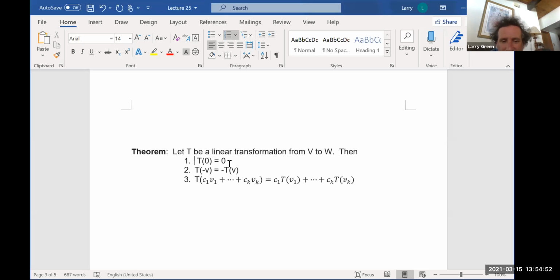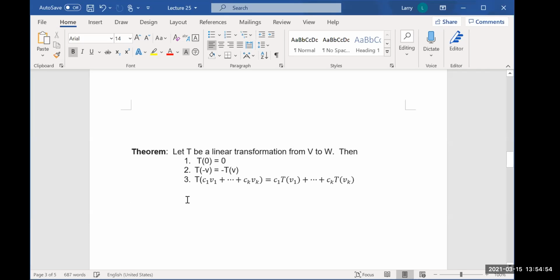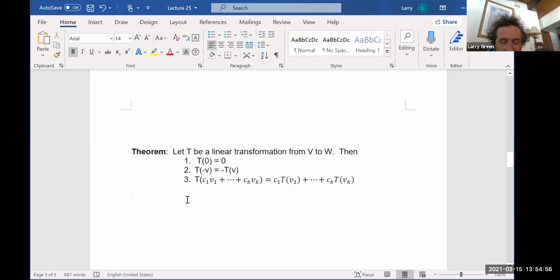Any thoughts? Probably we let k be 0. Exactly. So we know that T of kv, we can let k be 0. So we can look at T of 0v.